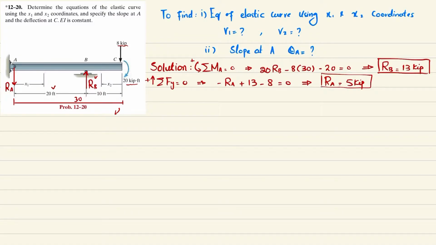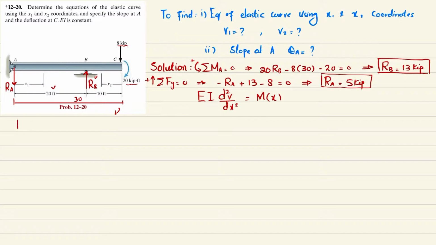Now you have both these forces, so we will move to find the equation of moment, because we know that the equation for deriving the slope and deflection equation is EI d²v/dx² equal to the moment M(x).